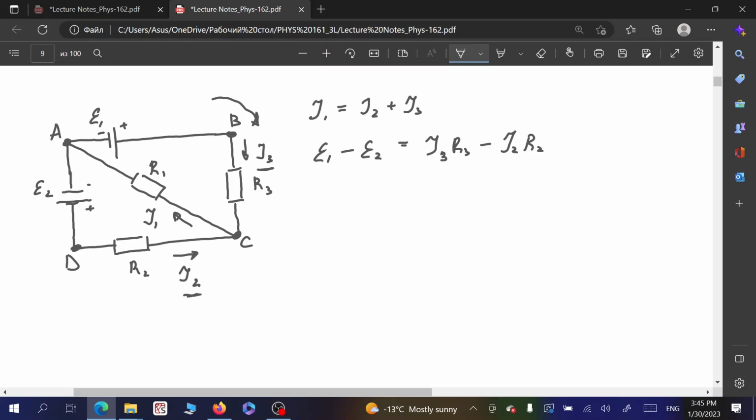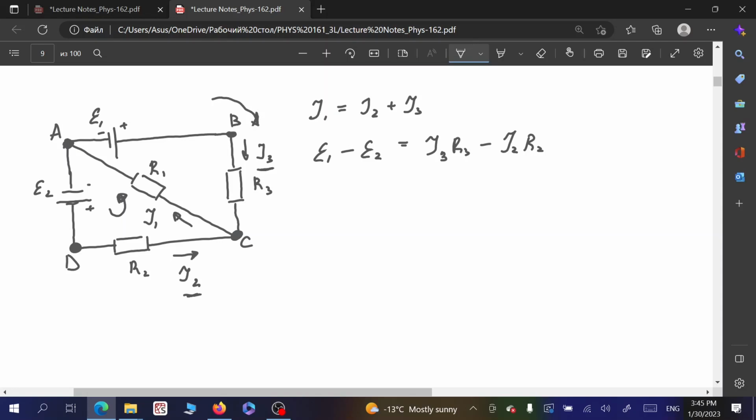Now, if we add one more component, we can create another loop and apply the loop rule again in order to get one more linear equation for our system. So in this case, let us consider the A, C, D loop. So this is triangular. And within this, let us assume that our path is counterclockwise.